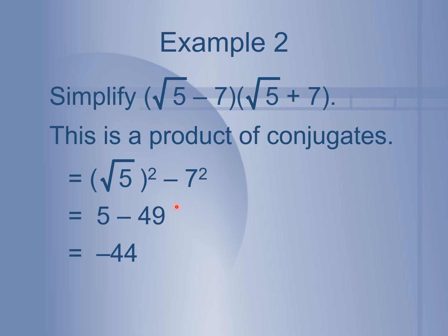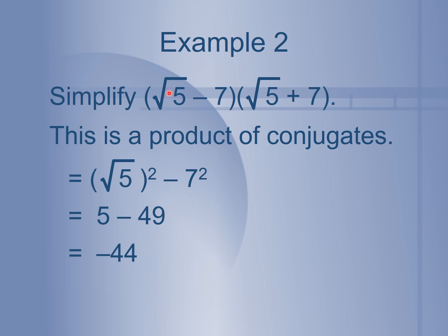And so if you're a little lost on why I did not do this the same way I did example 1 when I multiplied binomials, the fact that it's a product of conjugates means that this is going to be the difference of squares. Because remember, the difference of squares, which is a squared minus b squared, always factors into a product of conjugates.